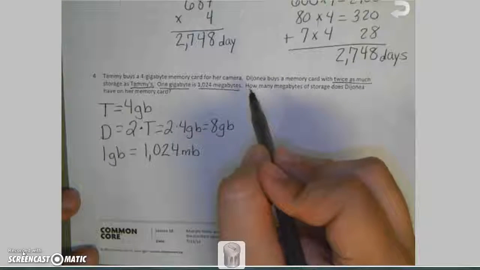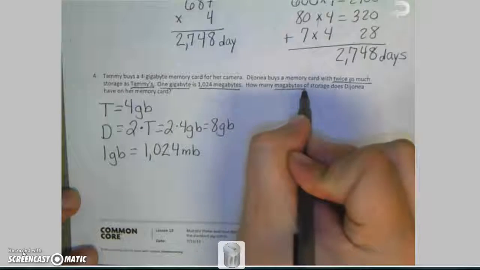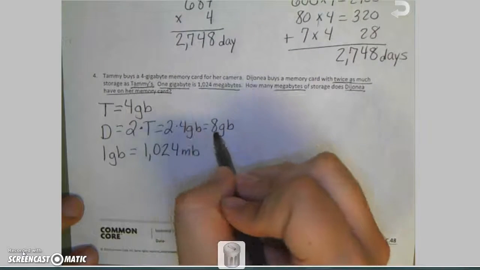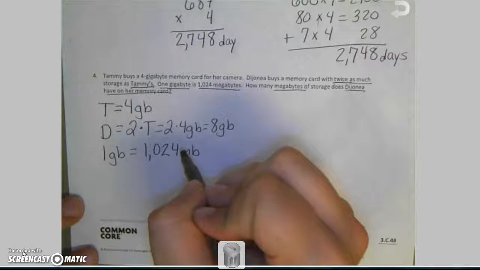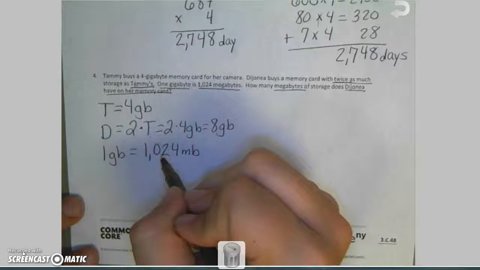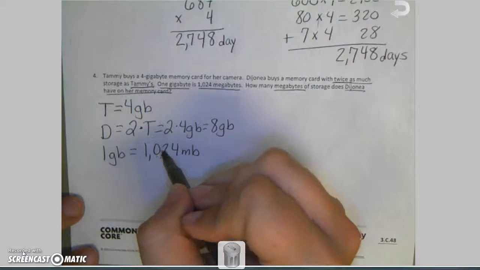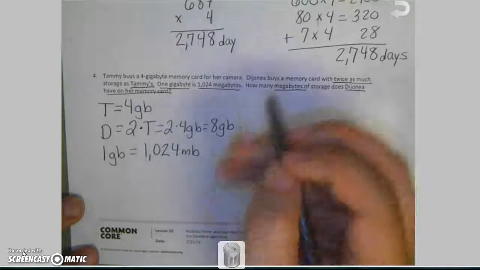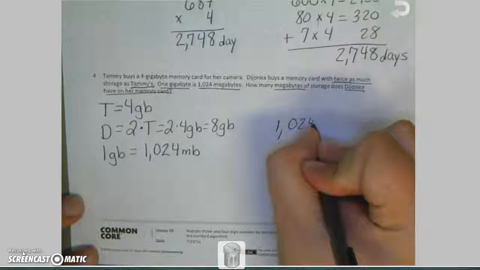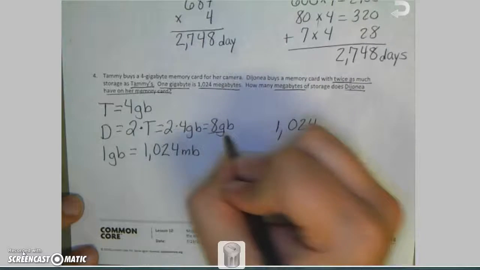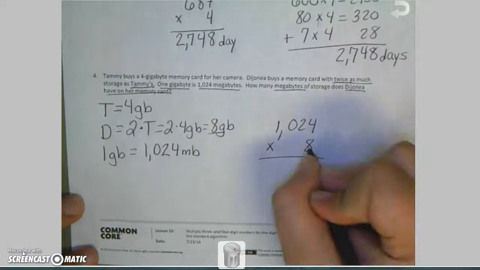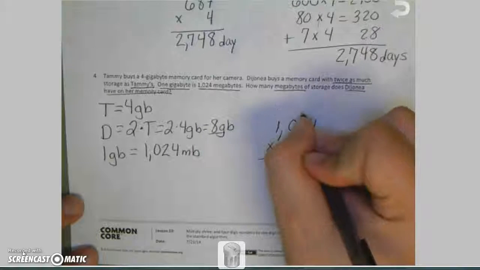Question is really asking me how many megabytes of storage does Dejanay have? So I'm not trying to figure out it's 8 gigabytes. I want this answer in megabytes. And I know that each gigabyte is 1024 megabytes. So I know that I need 1024 megabytes 8 times. So 8 times 4 is 32.